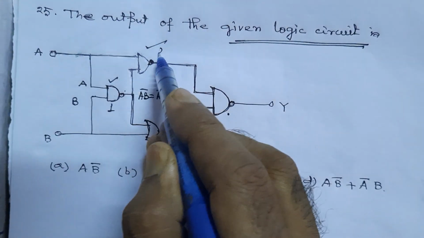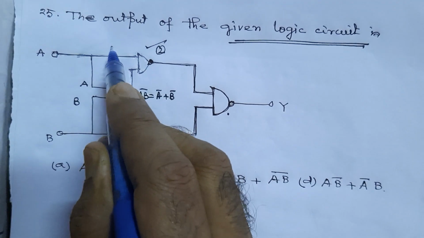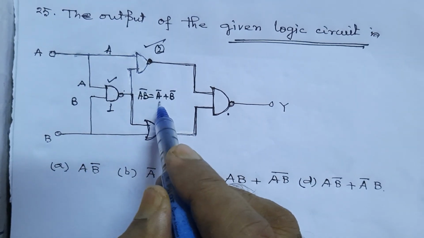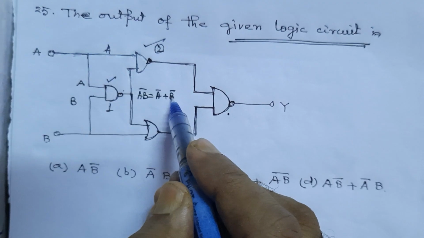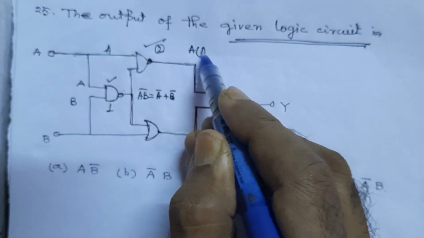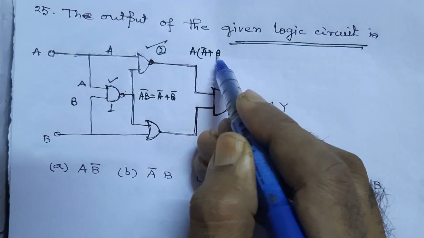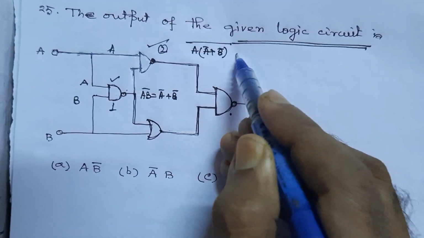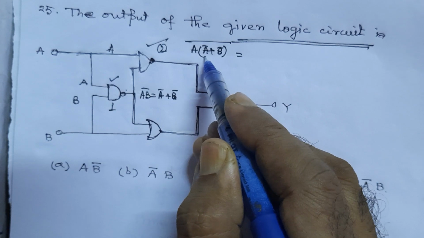For the second NAND gate, one of the inputs is A, the second is A inverse plus B inverse. So we get the output as (A into (A inverse plus B inverse)) whole inverse. Now A into A inverse equals 0.